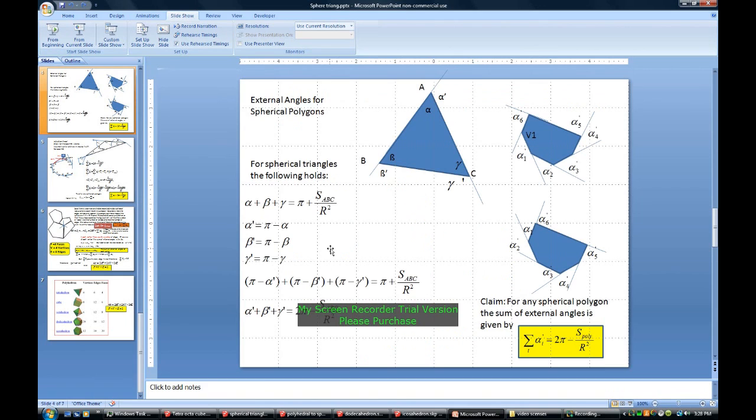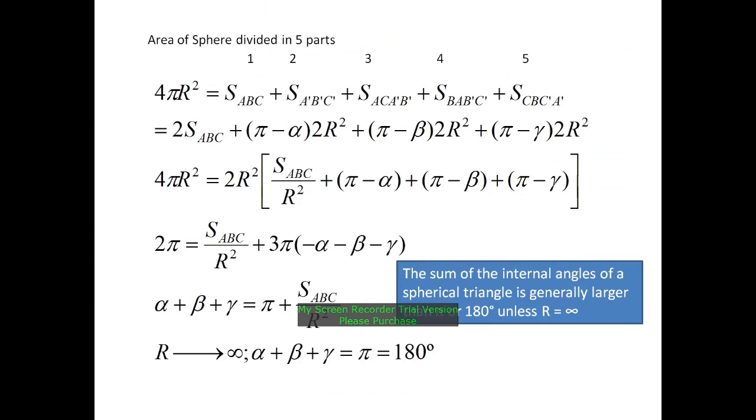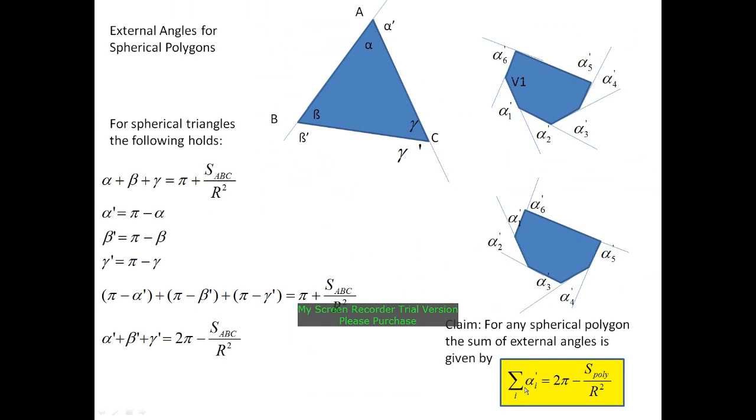Okay, so let's look at whether we can prove this statement, that the sum of the external angles of any polygon, not just a triangle, is equal to 2 pi minus the area of the polygon divided by r squared.